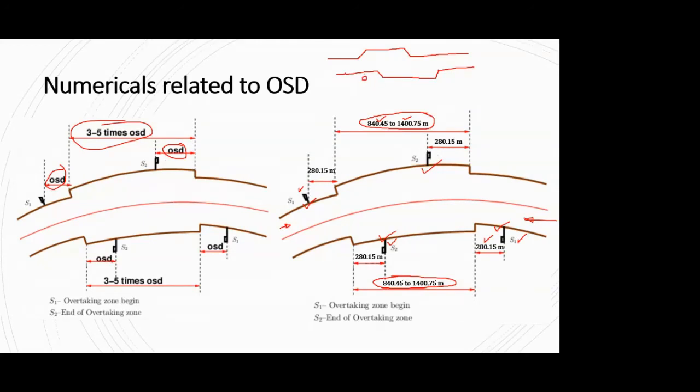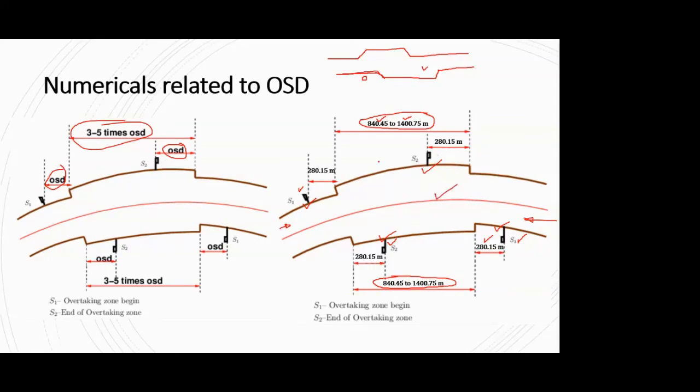In that case, you just shift your overtaking zone a bit, so it can be a staggered one. Generally we avoid this kind of situation, but if your site conditions are very crude and the constraints cannot be resolved, then we can go for this. Otherwise we prefer this kind of overtaking zone.